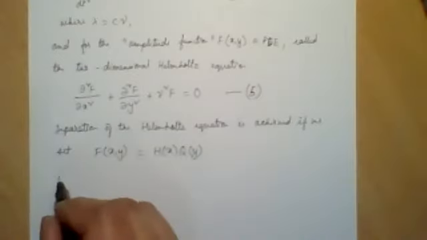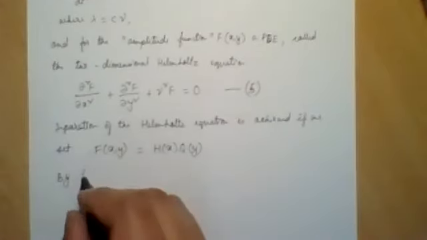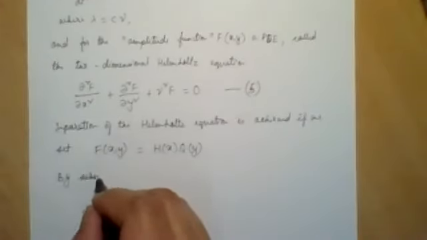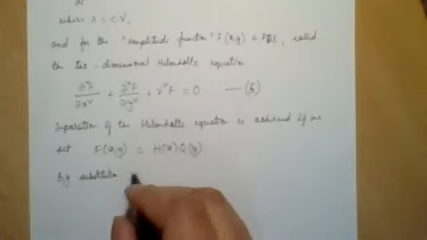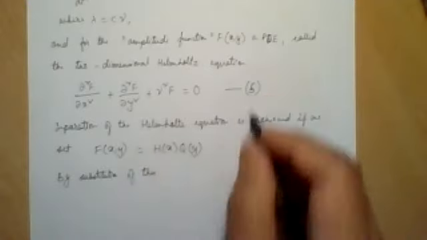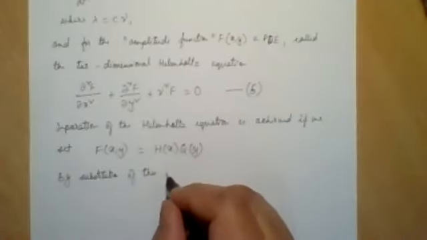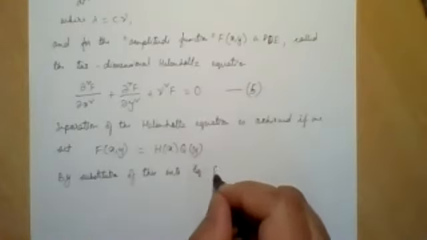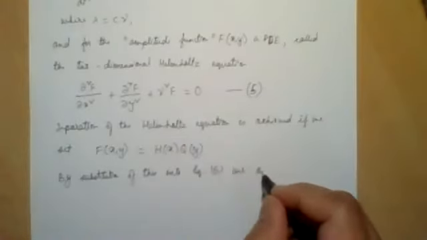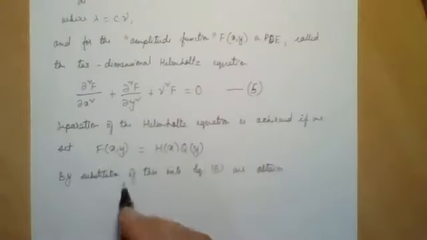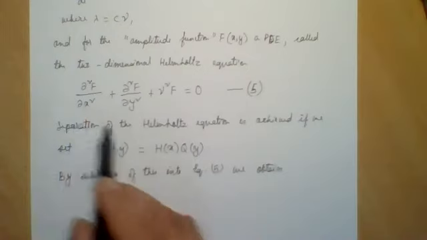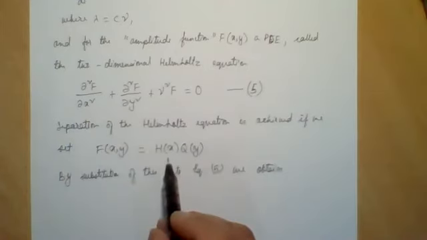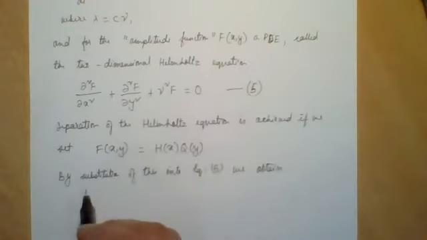So by substitution of this into equation 5, into the Helmholtz equation, we obtain, what do we obtain? This is partial derivative with respect to x. Now it reduces to the total derivative of h with respect to x twice.